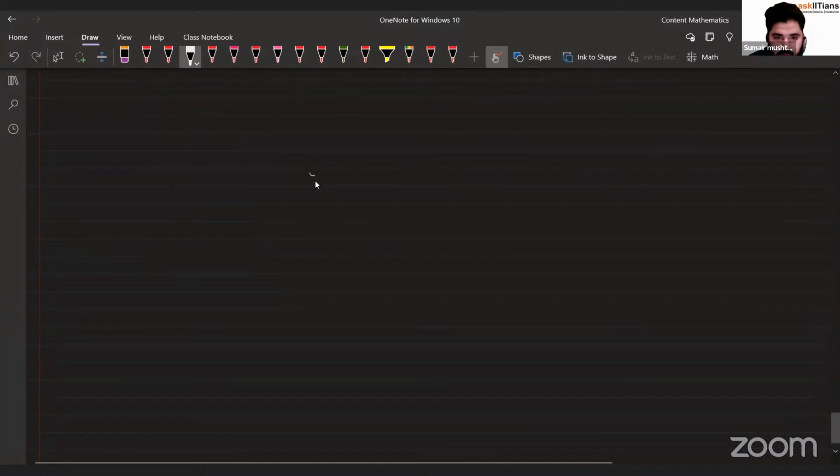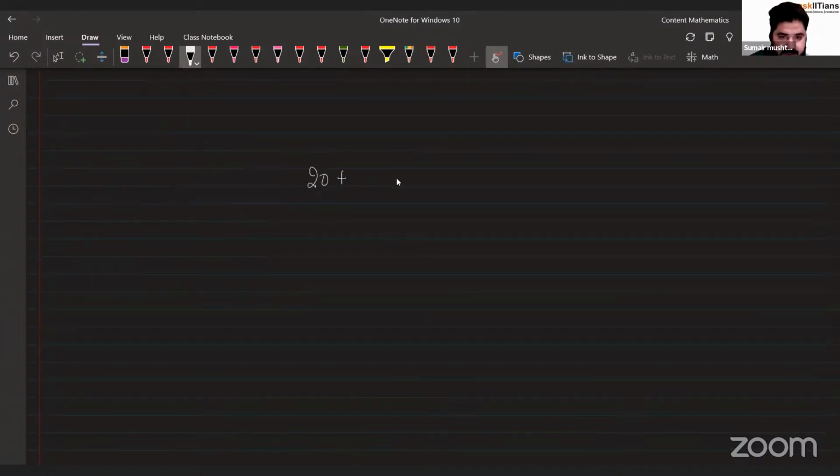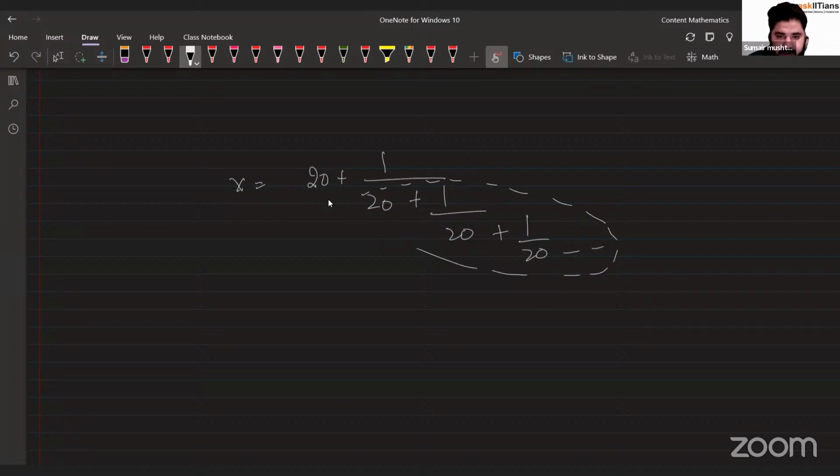Suppose you have 20 plus 1 divided by 20 plus 1 divided by 20 plus 1 divided by 20 and so on. Isn't it following the same pattern? So I will put it equal to x. Now have a look. The values from here are getting repeated, right? So you can put it as x is equal to 20 plus 1 upon x. Why? Because they are repeating after this.